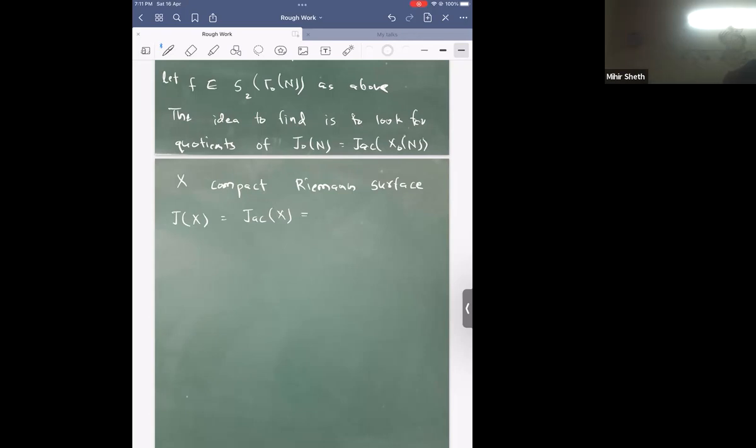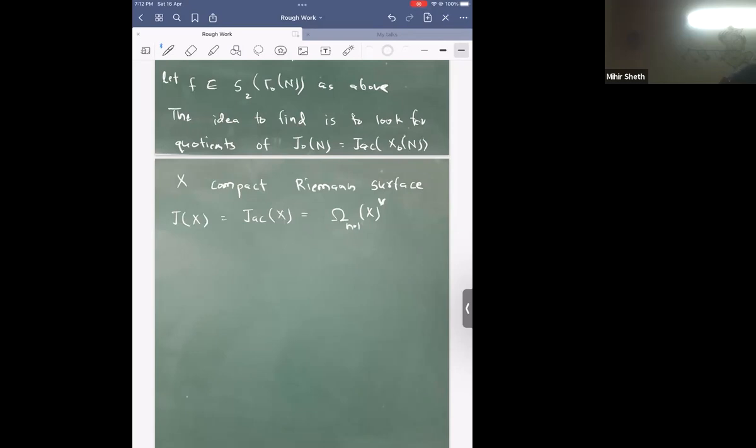You consider the holomorphic differential forms on X, this capital omega holomorphic of X. And then we want to consider the dual space of these holomorphic differential forms. So let's denote this by omega holomorphic of X, dual.